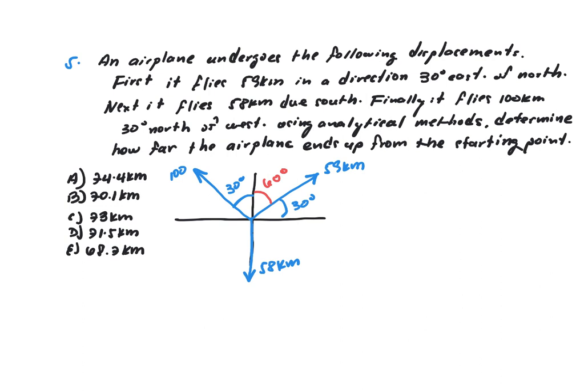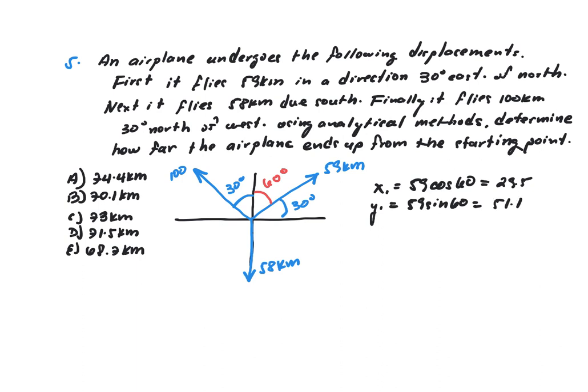The first direction, our x1 will be 59 cosine of 60. Our y1 will be 59 sine of 60. That comes out to 29.5 and 51.1.